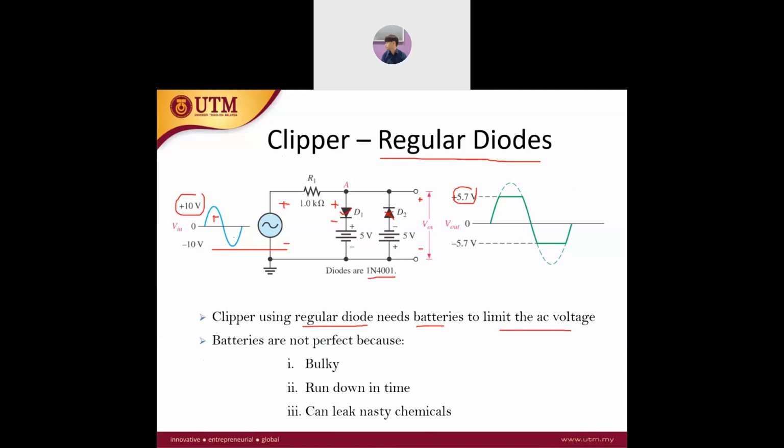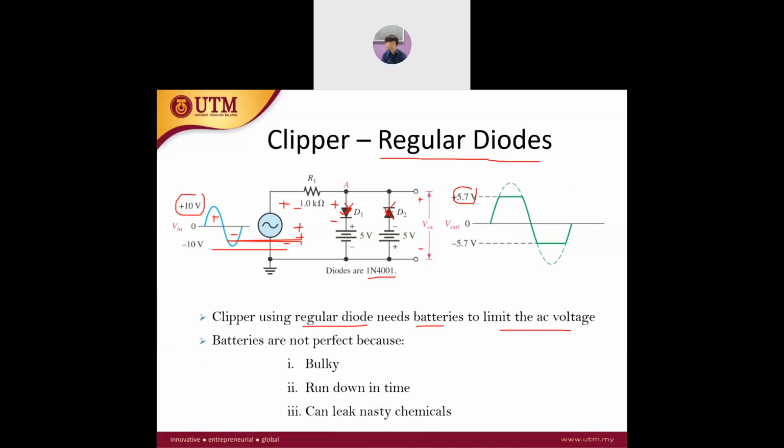And next, if the V in is at the negative cycle, we're going to have opposite polarity. At this stage, negative, positive, this diode is now off and this one is on.